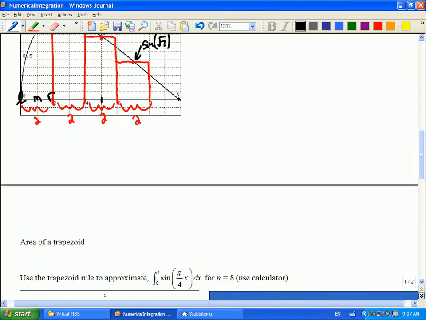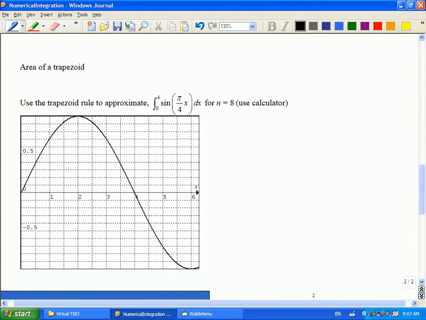Okay, so the last technique we're going to look at is the trapezoid rule, and it's the last one that you need to know. The area of a trapezoid, if you have a trapezoid like this. First of all, do you know what a trapezoid is? What its definition is?